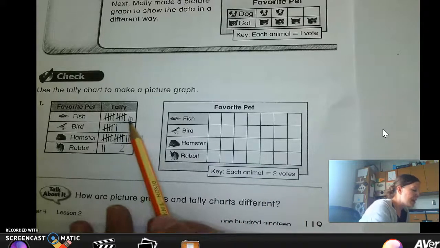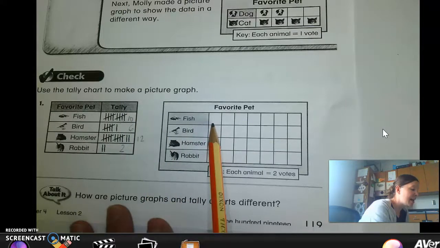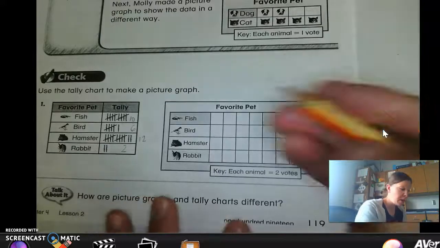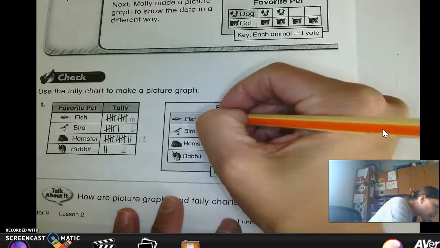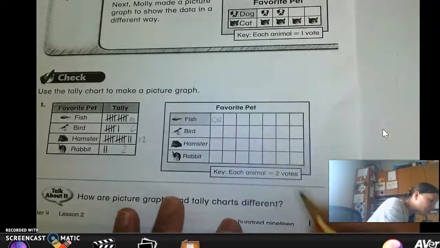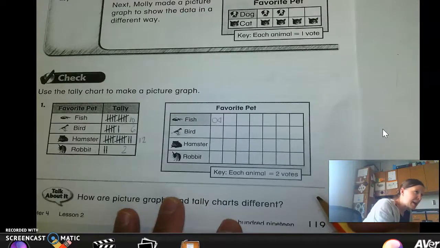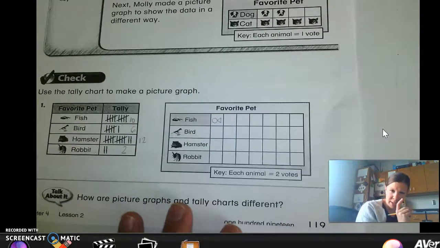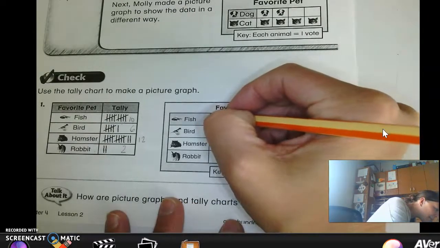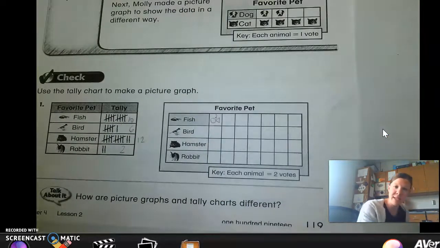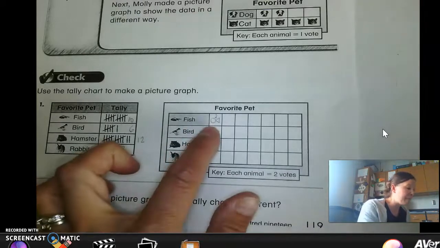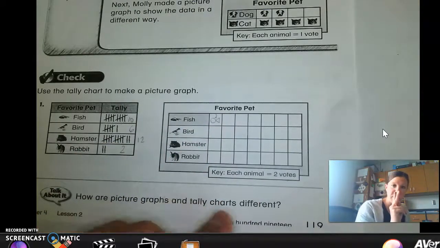Now, if I look here, every fish I draw actually means 2. So I'm going to just draw a little fish. And is that 1? How many does that mean? It means 2. So maybe that would be helpful if I wrote a little 2 on top of it, at least to get started, so you understand that that fish I drew is worth 2.